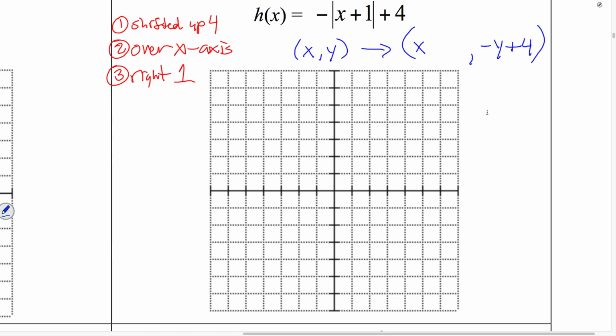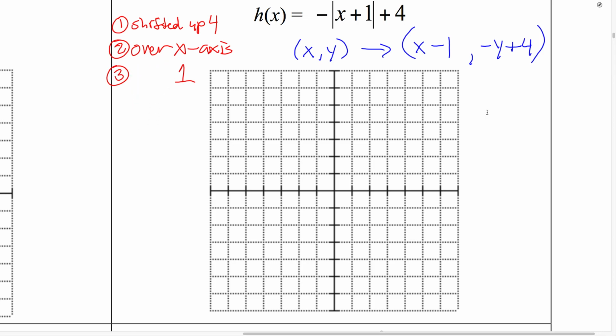X minus 1. Nathan over here is questioning something. Nathan, what are you questioning? For the transformations that you put down, it should be left one, because the plus one doesn't mean you're adding it, because the h, which is the one, is already subtracting, so it has to be negative if it's plus.